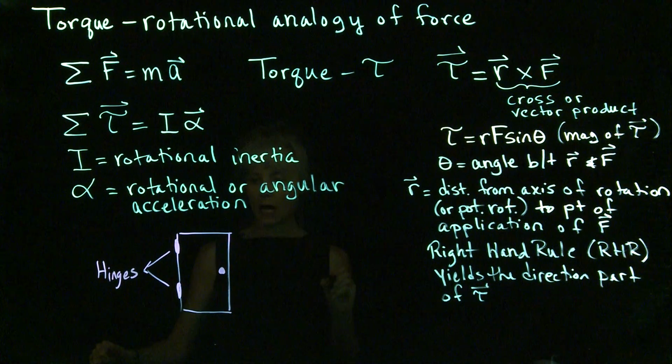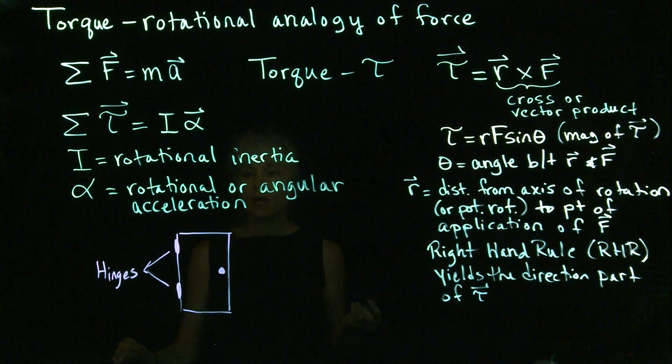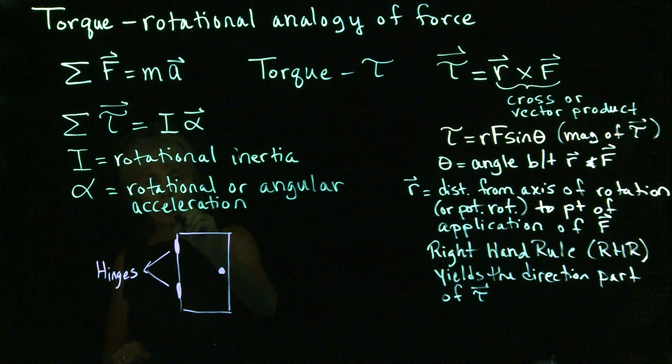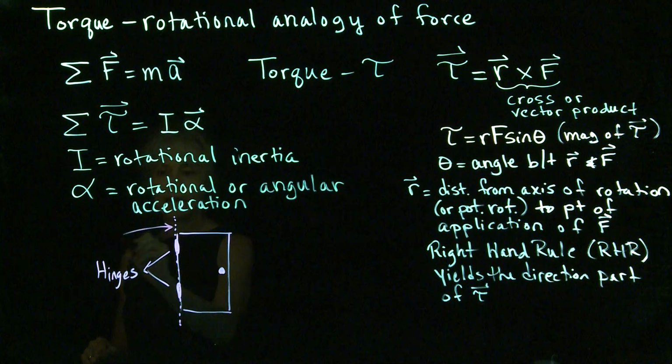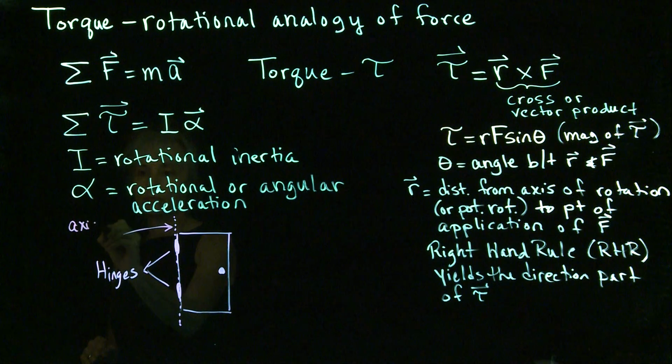And imagine that we are going to apply a force to the door handle. We're going to try and open up this door. The axis of rotation of the door is this dotted line that goes through the hinges. So this is the axis of rotation. That's the axis about which the door rotates.